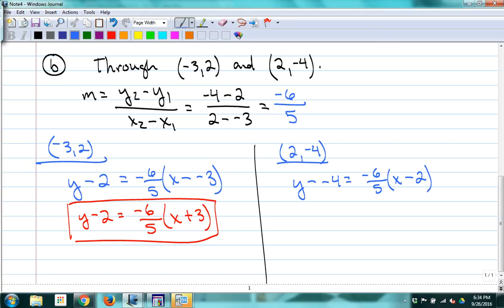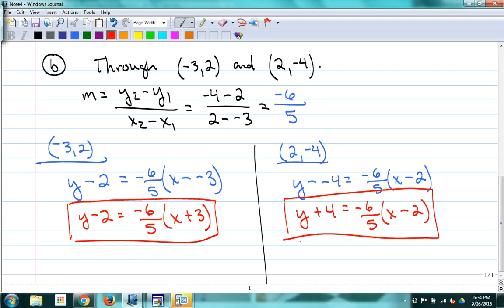And then simplify that. y plus 4 equals -6/5 x minus 2. Those are the same equation, honestly. If you graphed both of those, they'd lie right on top of each other. They're the same graph. Even though the equations look different, they're the same graph. So depending on which ordered pair you pick, you're going to find a different point-slope form.